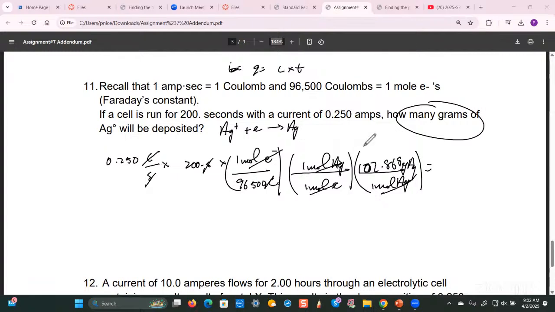According to my calculation, this works out, rounded to 3 sig figs, to 0.0559 grams of silver. And that's how that is done. All right. Any questions about this one?